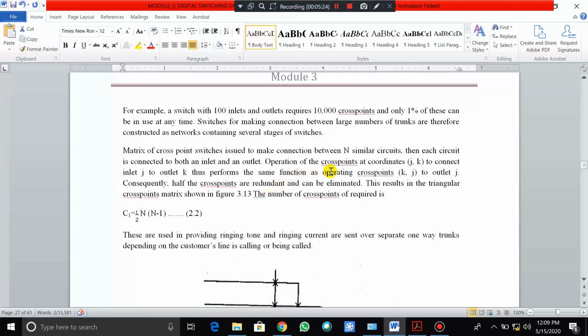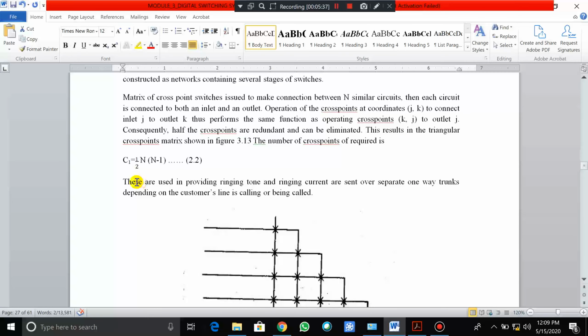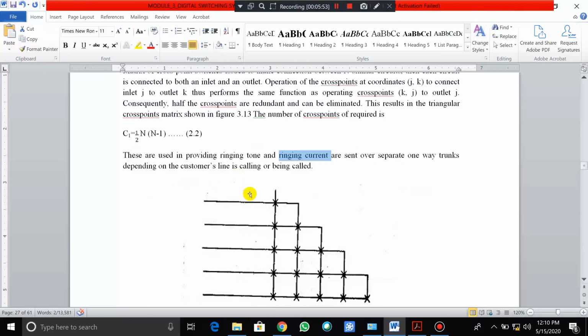The operation of the cross point at coordinates j, k connects the inlet J to the outlet K. Thus the number of operating cross points is C equal to 1 by 2 into n minus 1. These are used to provide the ringing tone, and ringing currents are sent over separate one-way trunks depending upon whether the customer line is calling or being called.